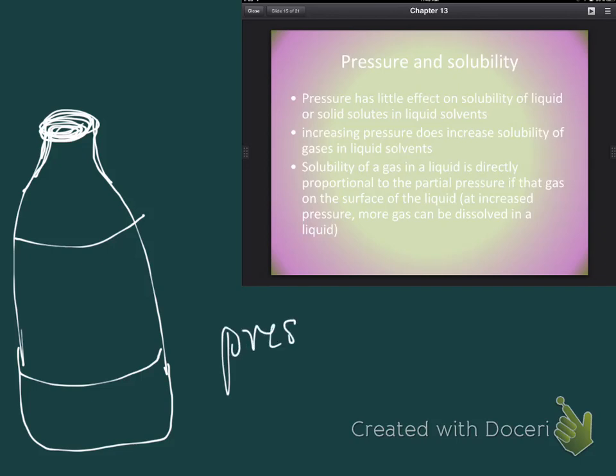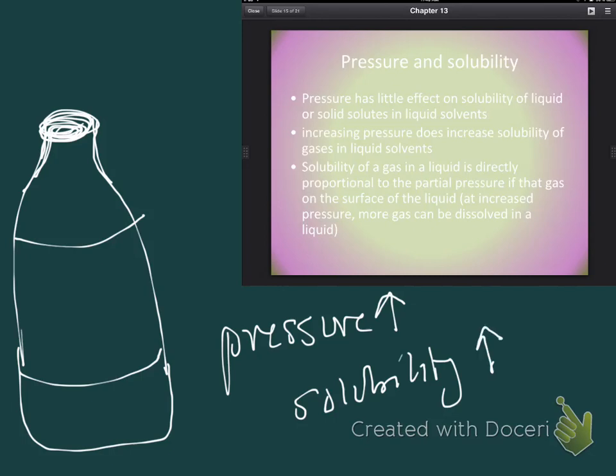So pressure up, solubility up, which means they are what kind of proportional? Directly or inversely? They are directly proportional. So we'll put our little CO2 bubbles in there, we get it under enough pressure that the CO2 is actually behaving as a liquid. It's in liquid form in the pop.